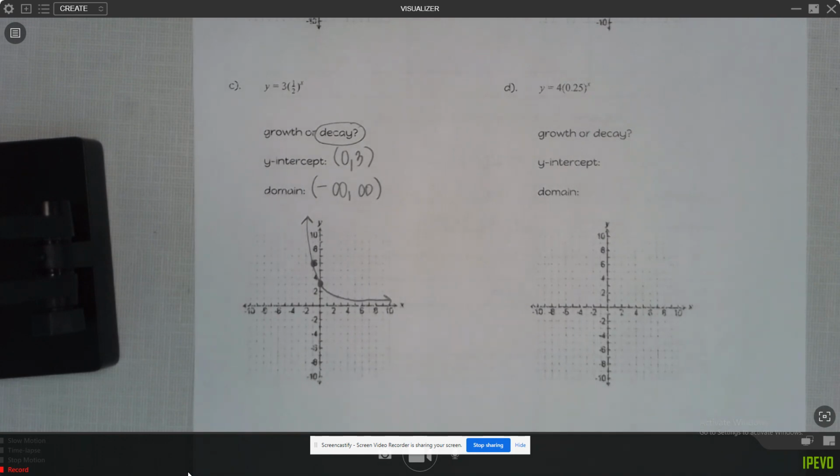I would like you to try letter D for me, please. Plug that into Desmos. Growth or decay?